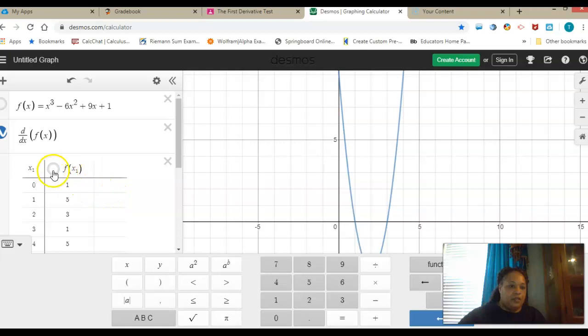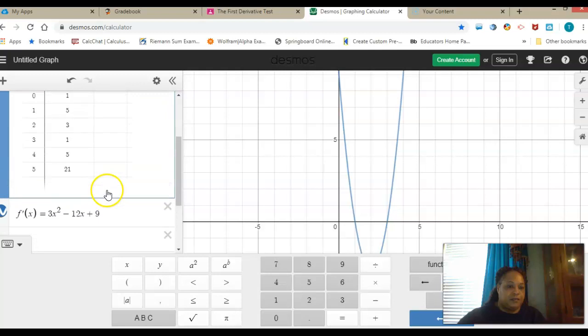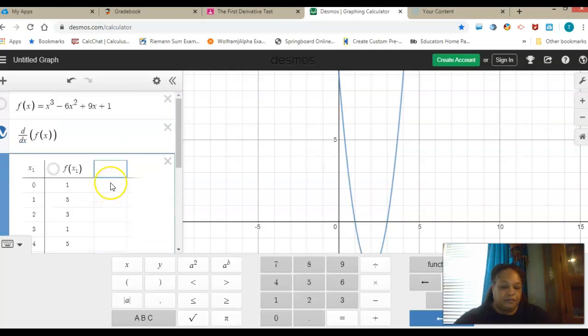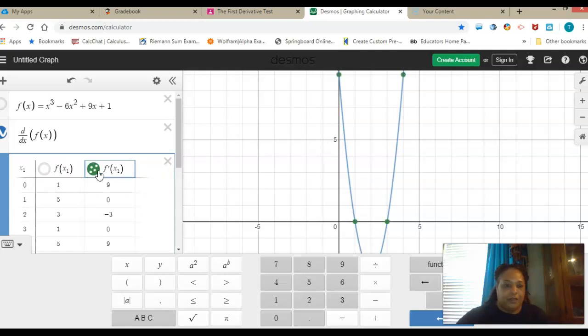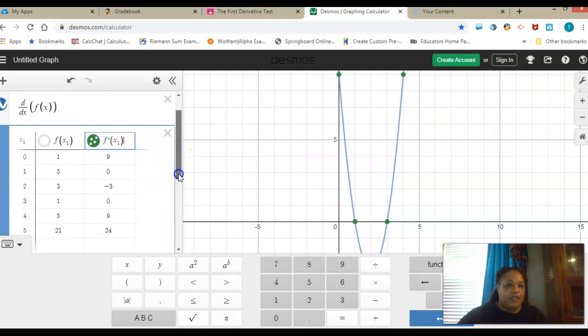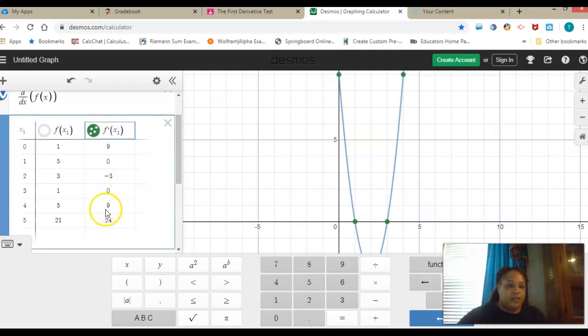Here are the function points, and then I'm going to put in f prime of x, using x1. Okay, now we have some derivative points.